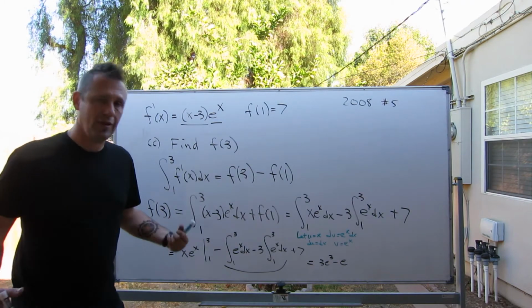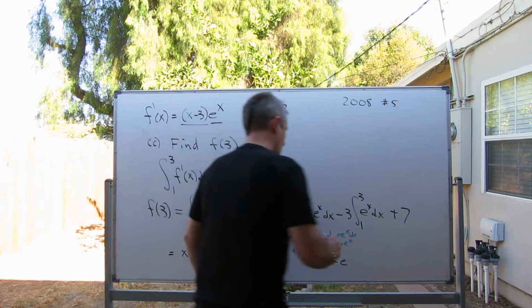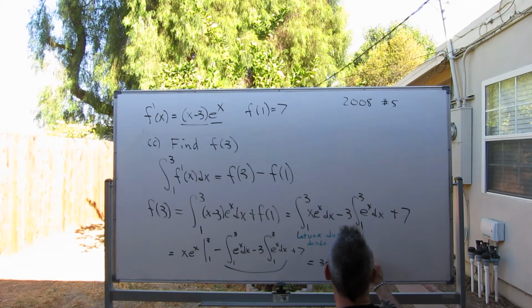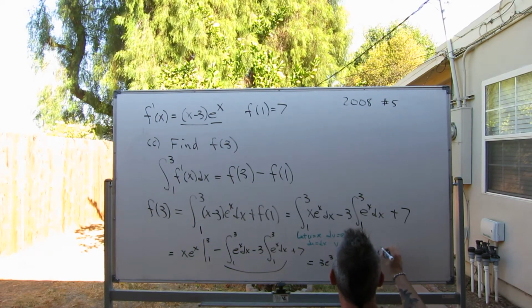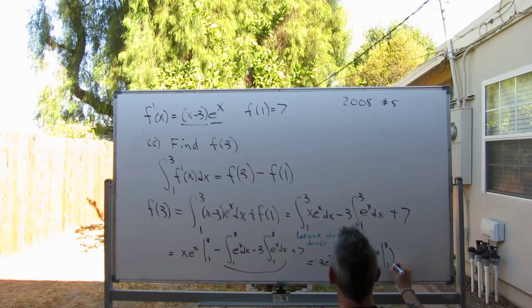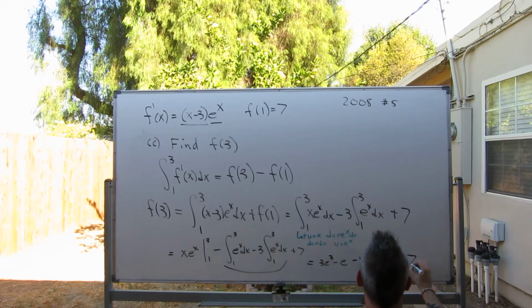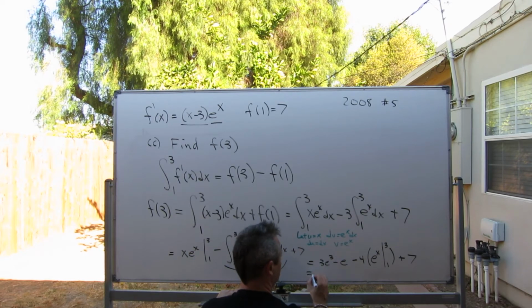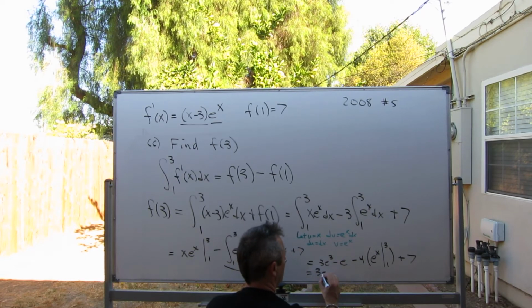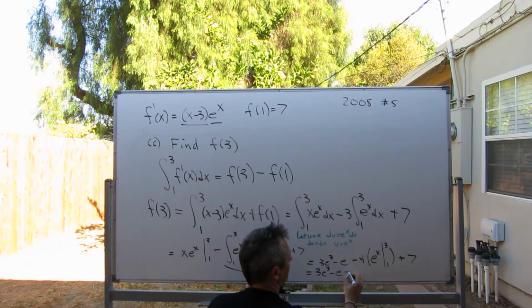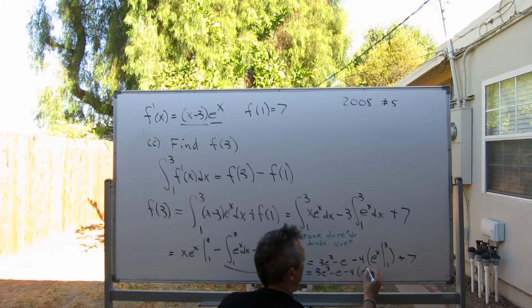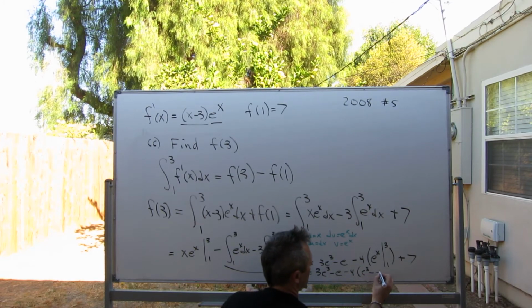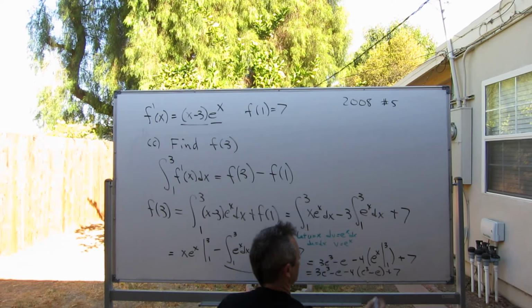Now, this is minus 4 times the integral of e to the x from 1 to 3. But the antiderivative of e to the x is just e to the x. So this is really just going to be minus 4 times e to the x from 3 down to 1 plus 7. So let's see here. It looks like I have 3e cubed minus e minus 4 times e cubed minus e plus 7.